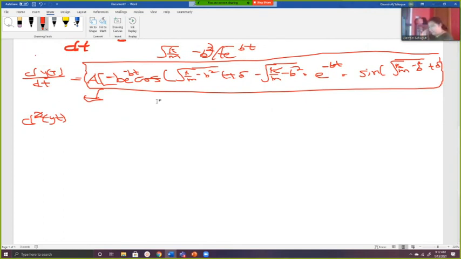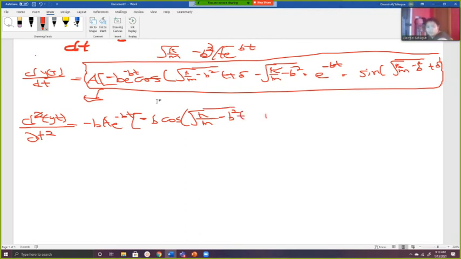So that would be dv over dt equals negative b a e to the negative bt, negative b cosine of the square root of k over m minus b squared t, plus minus the square root of k over m minus b squared times sine of the square root of k over m minus b squared t, plus this.